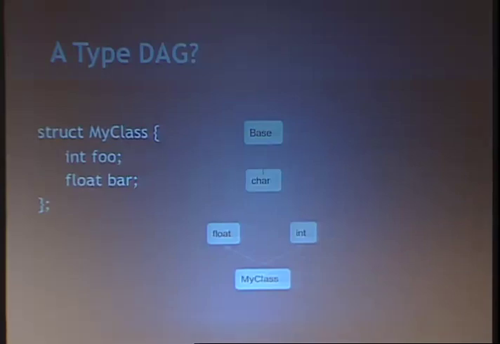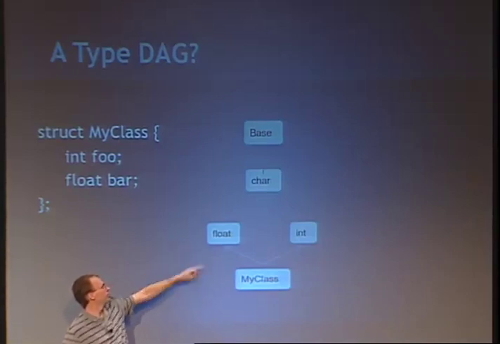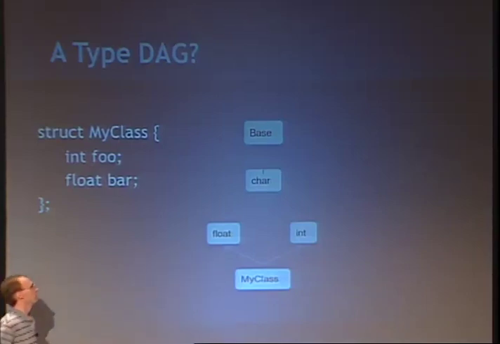So one way to represent this within our type tree system would be to make it a type DAG and say, my class is now a descendant of both float and int. The alias query would still work in the same way. You still have this property of a type being an alias if it has an ancestor, or if the other type is an ancestor of it. But it would just be a little bit more work to make that query within a DAG than within a tree, but it would give us this more flexibility. This may be an extension we may add to the alias analysis in the future.